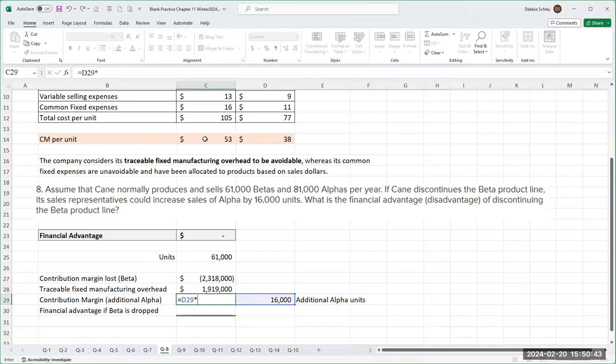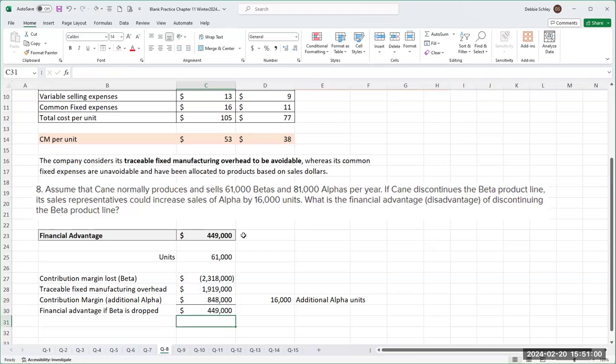So the contribution margin for alpha times the 16,000 additional units. And now because I have negatives and positives, I can do equal sum those three numbers. And that will be a financial advantage of $449,000.